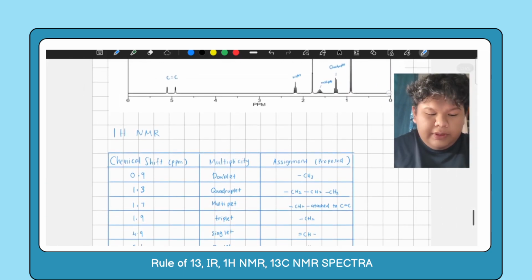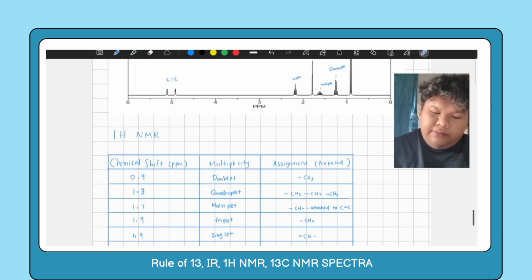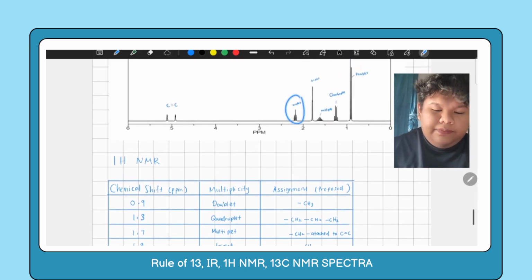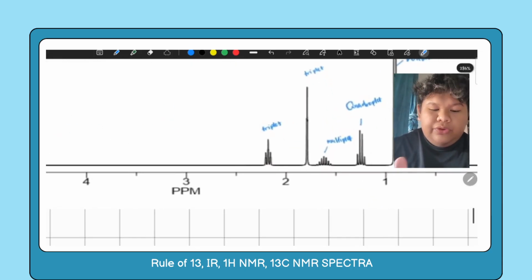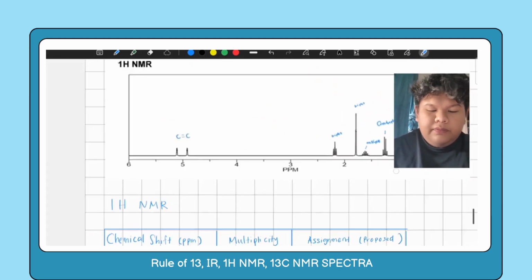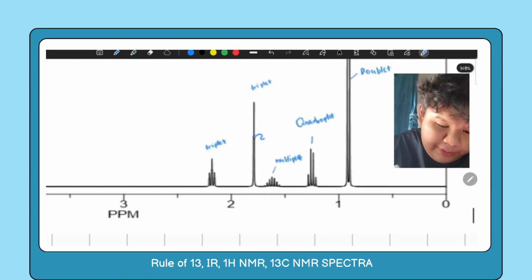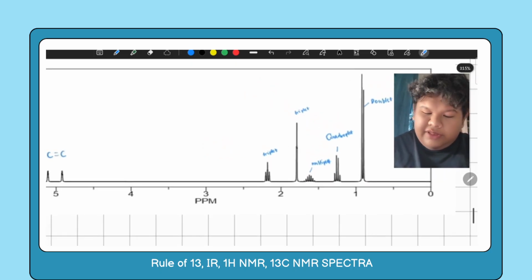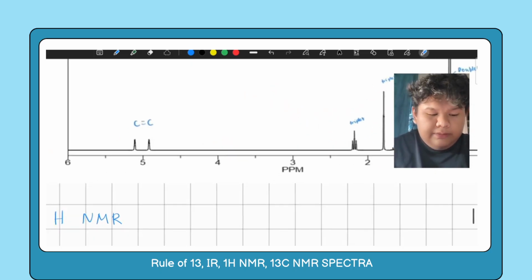Then at around 2.3 is also a triplet. This one I consider a triplet because we can see something up there, which I believe is a peak.